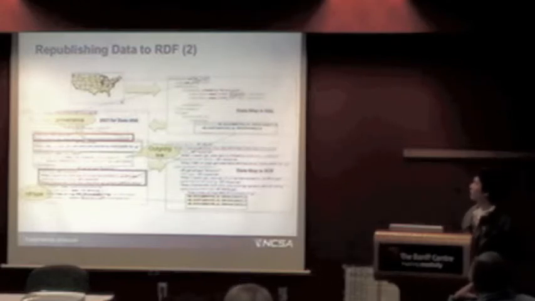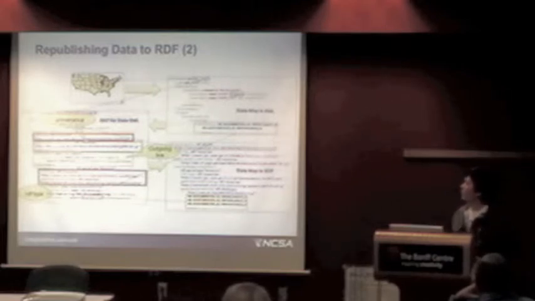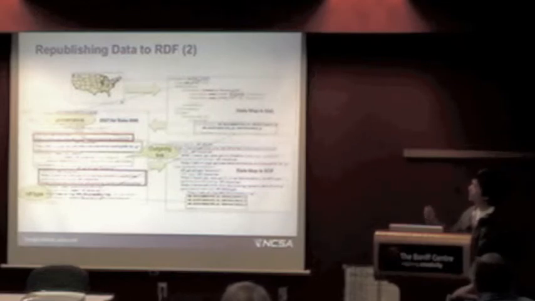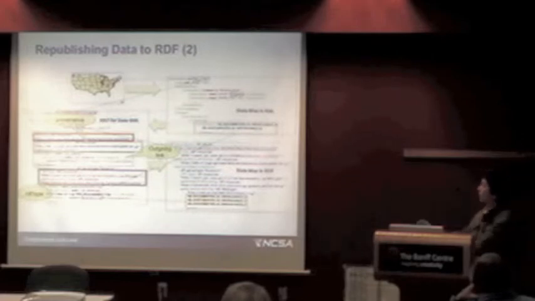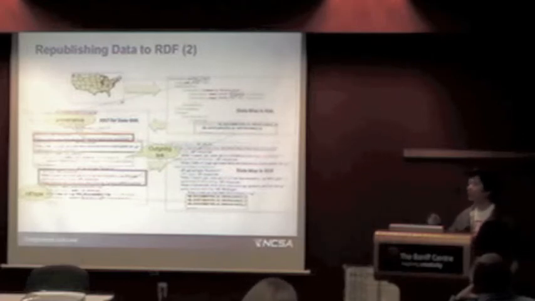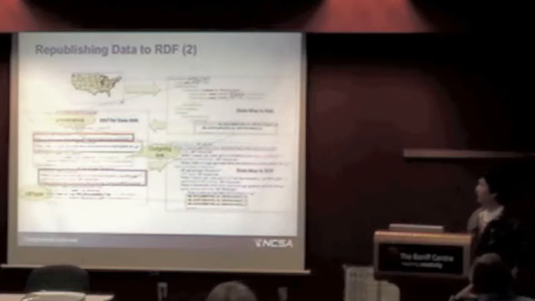The red one is the RDF type annotation, using the semantics from the ontology. The green one is the provenance tracking. In this case, it basically says this data is from this link. You can download the raw data from this link. And outgoing links, in this case, mean this state, Illinois. You can link this to DBpedia. There you can find more data.